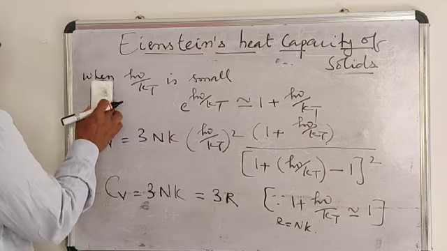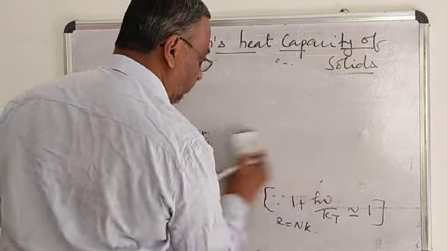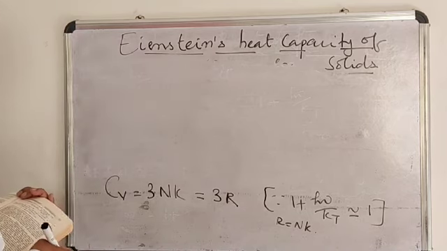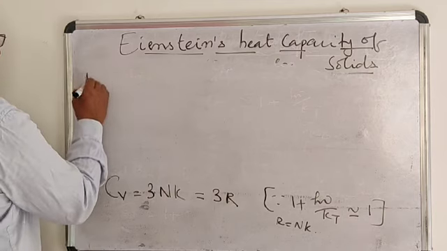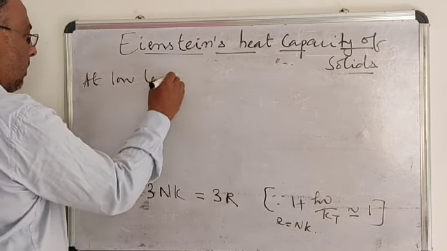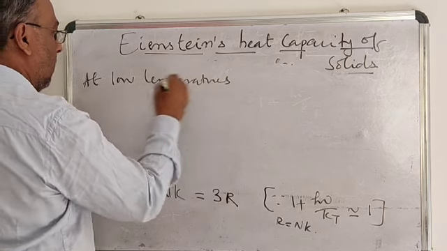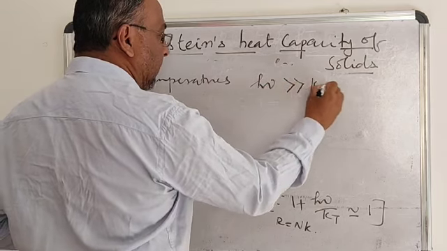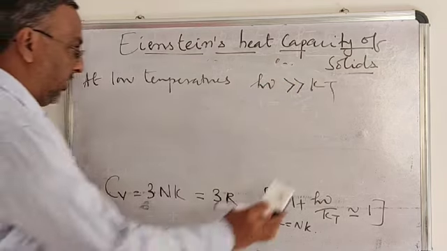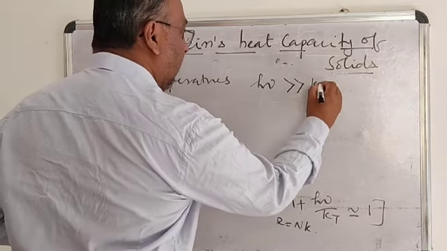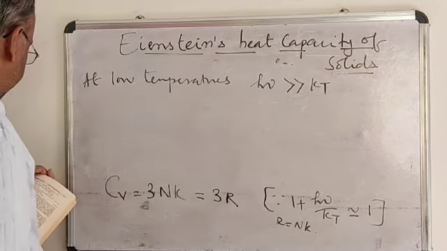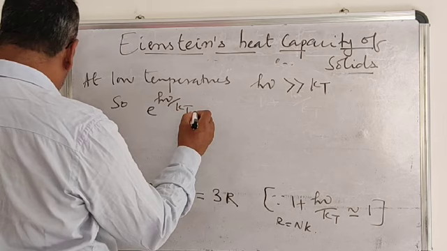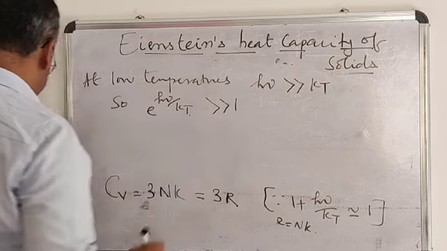And what happens at low temperatures? At low temperatures, hν is very much greater than kT. In such a case, e^(hν/kT) will be very much greater than 1.